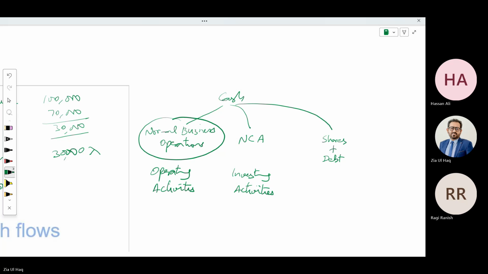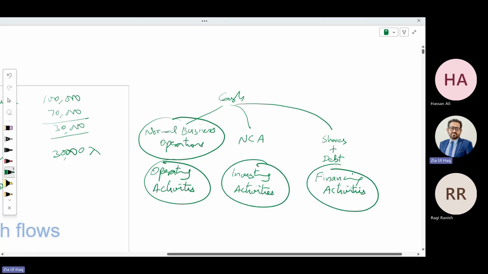Non-current assets, like you invested in property, plant and equipment, you invested in land, you invested in other companies' shares and so on, are in investing activities. And the cash relating to issue of shares, paying a loan, receiving a loan is called financing activities, because these are two sources of finance. Operating, investing, financing.